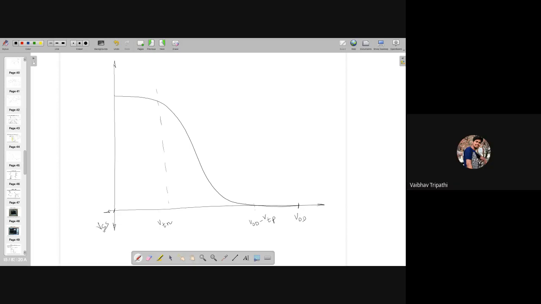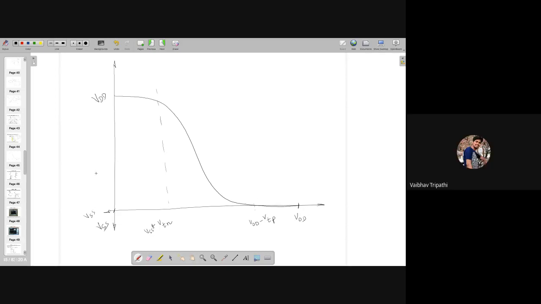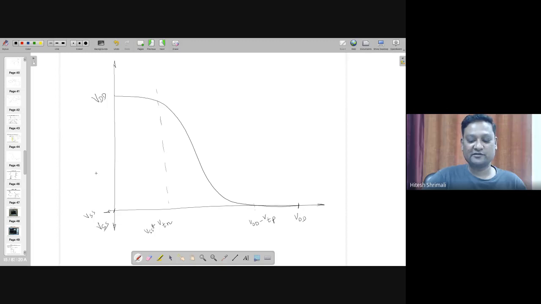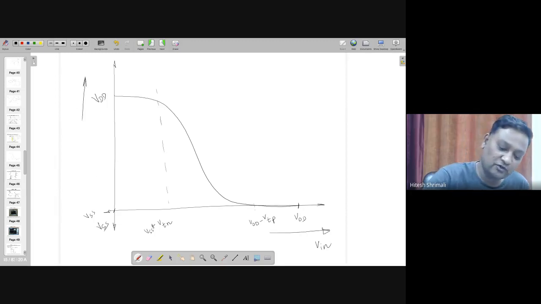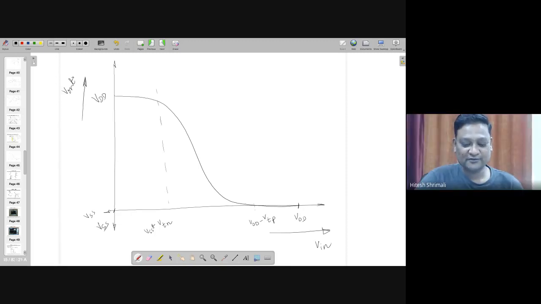And this has to be VSS plus VTN in that case. So this will become the universal plot, which is moving from VDD to VSS. This is universal, this is V in, and this is V out. Right? Does it make sense or not?